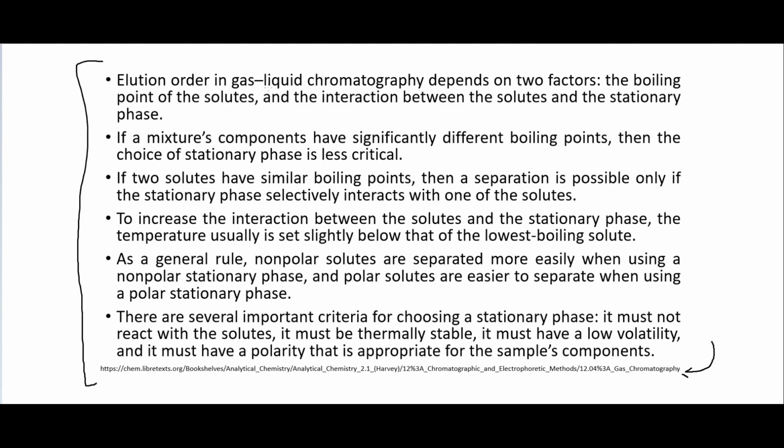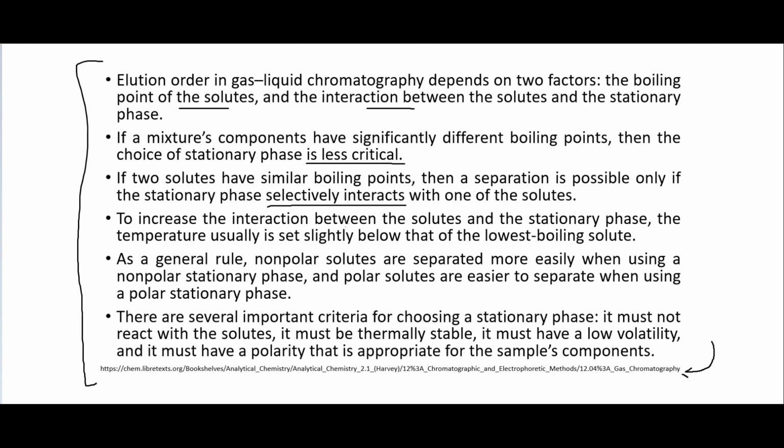Elution order in gas liquid chromatography depends on two factors: the boiling point of the solutes and the interaction between these solutes and the stationary phase. If a mixture's components have significantly different boiling points, then the choice of stationary phase is less critical. If two solutes have similar boiling points, then a separation is possible only if the stationary phase selectively interacts with one of the solutes, so only if it interacts with one of the solutes more than it does with the other.